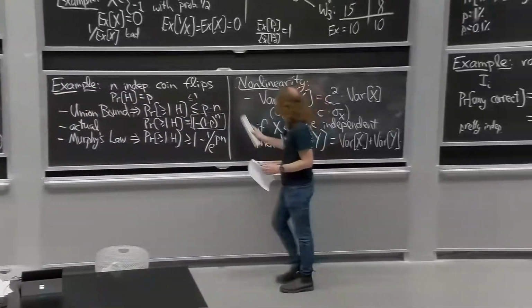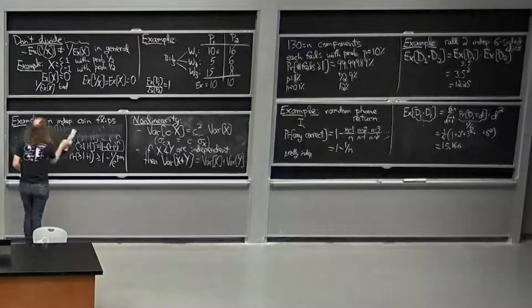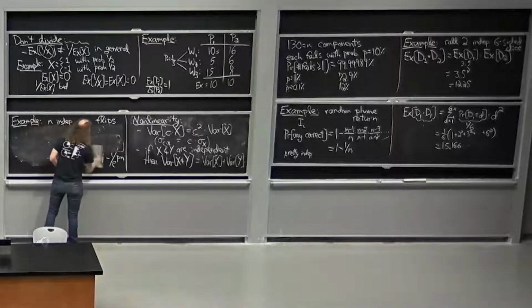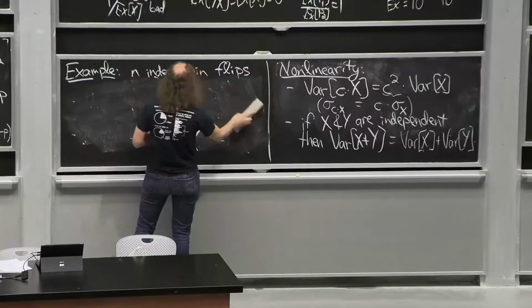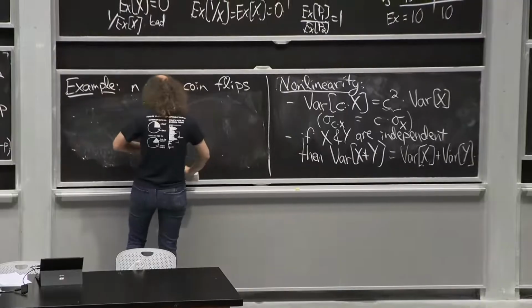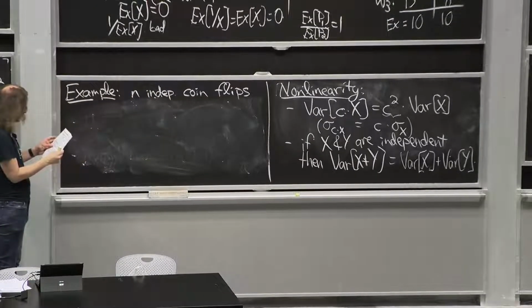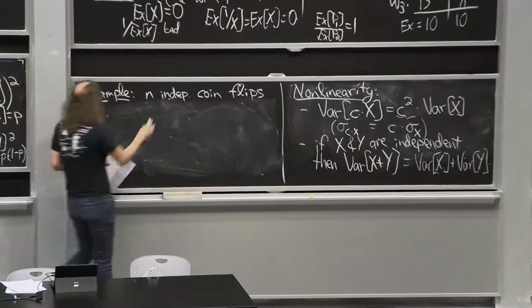So I'm going to just do an example. Two examples, related examples. OK, so let's say we have n mutually independent coin flips.